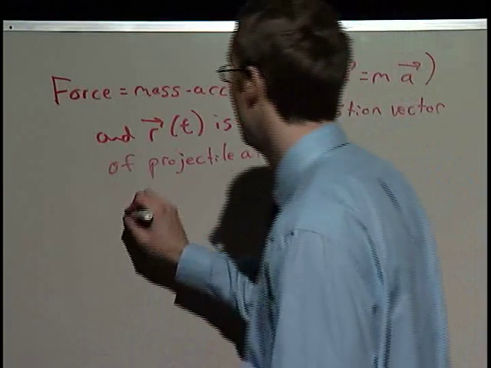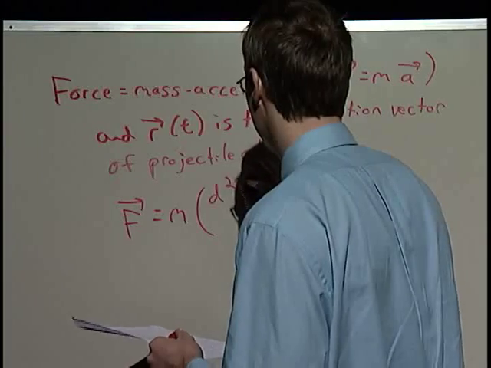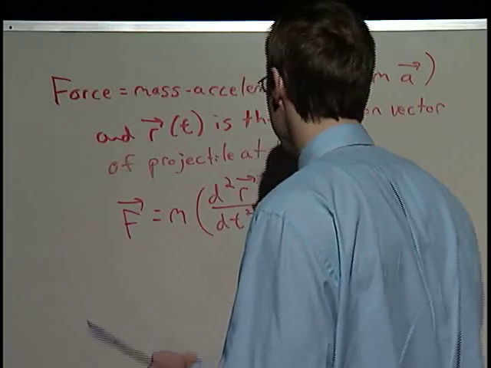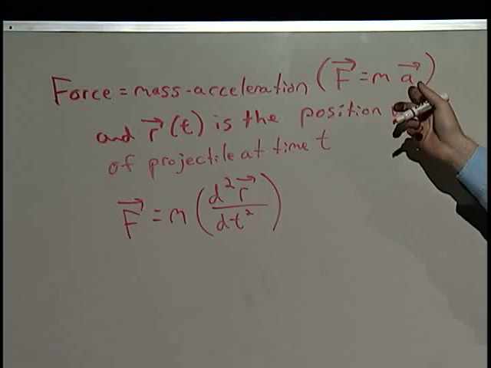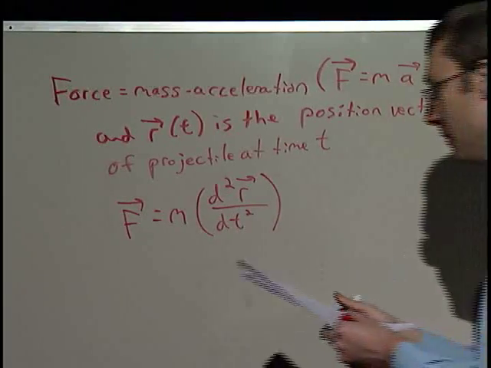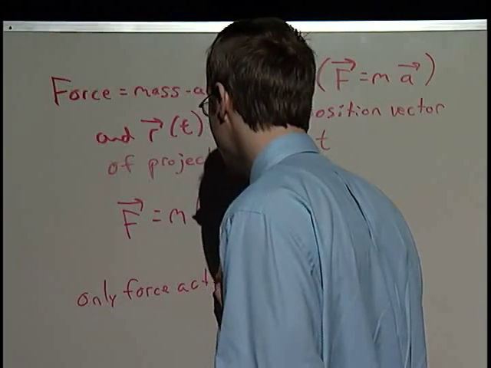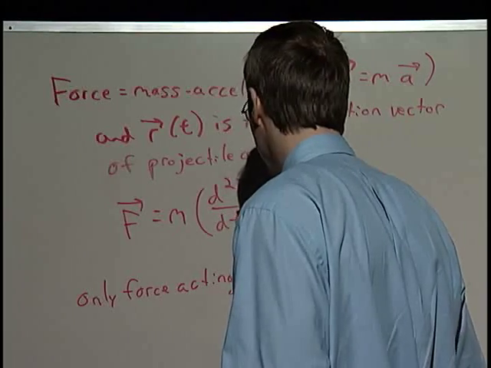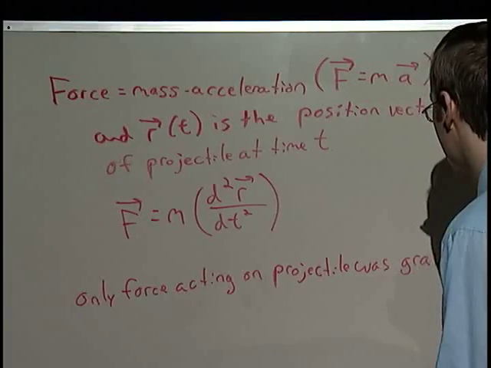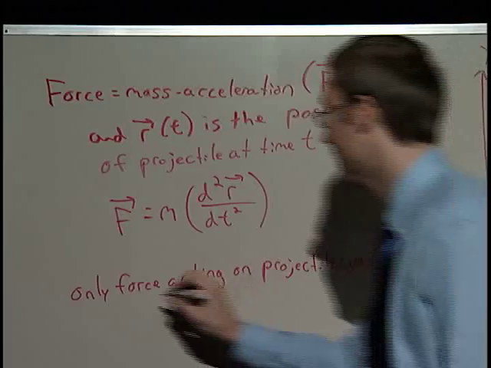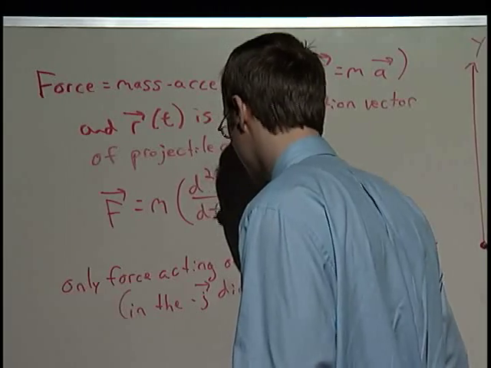So knowing that, that equation then becomes m d squared r over dt squared. I've just subbed in acceleration as position's second derivative. Also, remember, one of our big assumptions was that the only force acting on the projectile was gravity. That's the only force acting there, and it's acting in the minus j direction.